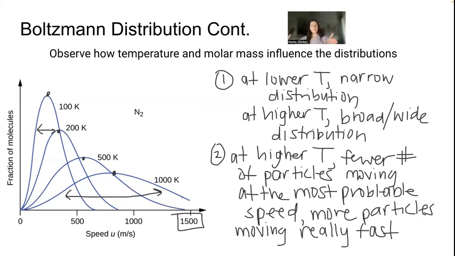As I increase my temperature, going from 100 to 200 to 500 to 1,000, we see broadening occur. They become wider and more flat as well. So this compares how temperature impacts the same type of molecule's speed and the fraction of those molecules moving at a given speed.